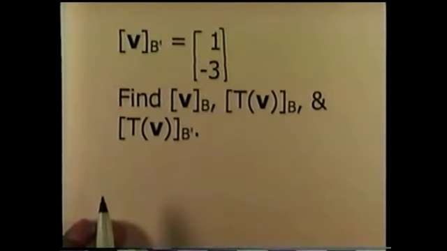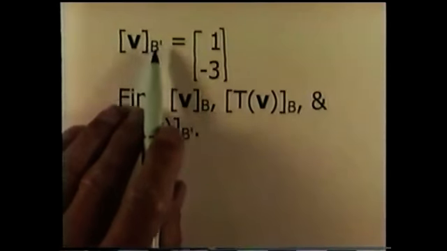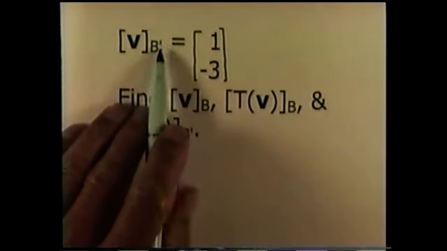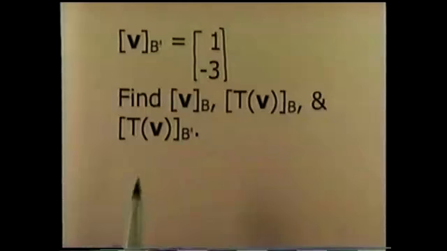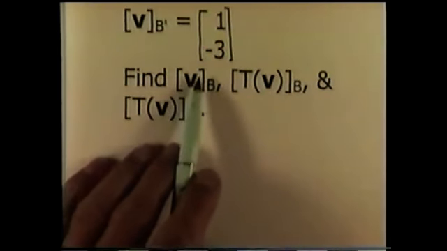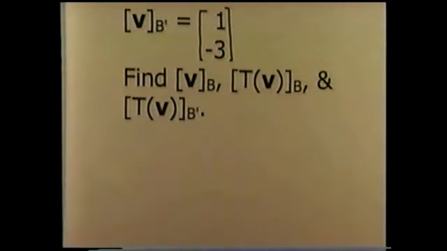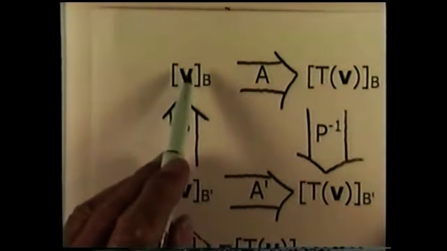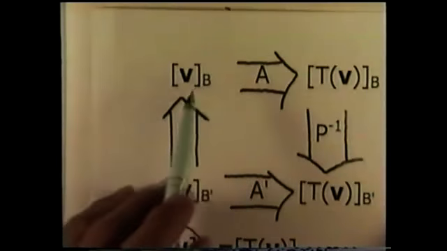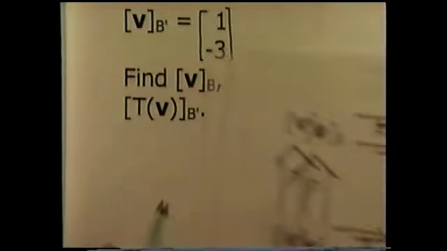Let's continue with the same example. Given that vector V with respect to B prime is 1, -3, find the coordinates of V with respect to B. Well, notice that the coordinates of V with respect to B is P times the coordinates of V with respect to B prime.